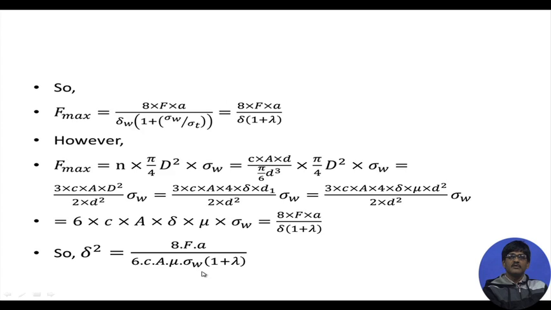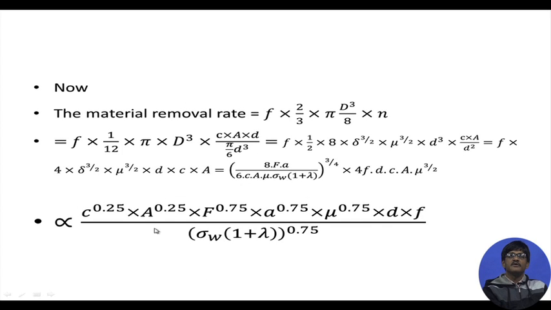Once delta square can be estimated, we can easily find out the material removed, because material removed we have already assumed to be hemispherical chunks with delta indentation and large d as their edge diameter. So material removal rate, we say, first of all, coming from every impact, it is equal to, instead of 4 by 3 pi d cube by 8, it is 2 by 3 pi d cube by 8.